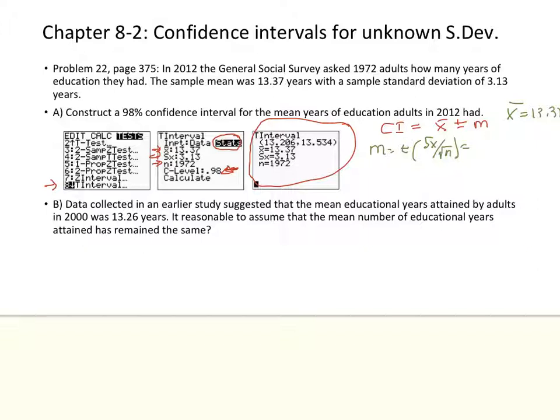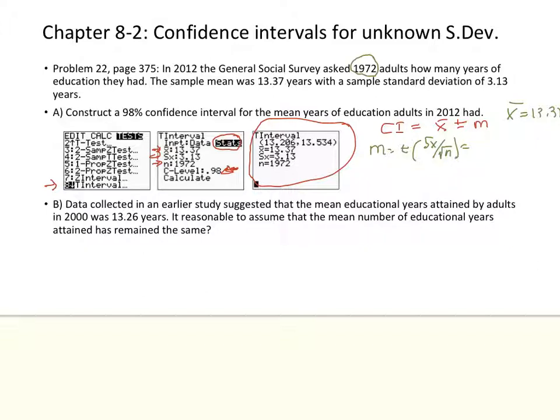So in this case, we have to find a t-value, but because our sample size is so large, when we go to the table, we see that we go up to 200, and after 200, it gets very, very hard to find a t-value for a degrees of freedom of 1971.